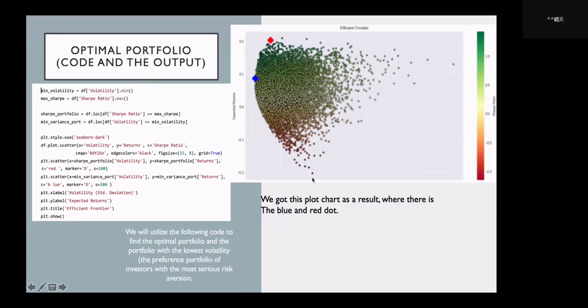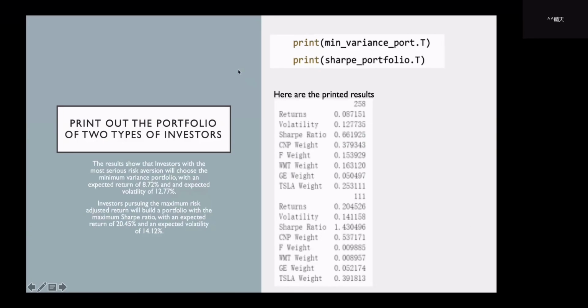According to the results, there is the blue and the red dot over here, and I'm going to explain more about what they are. The red one is the Sharpe ratio, and the blue one, I believe, is the minimum variance. So we're trying to print out the minimal variance portfolio and the Sharpe portfolio from the last graph.